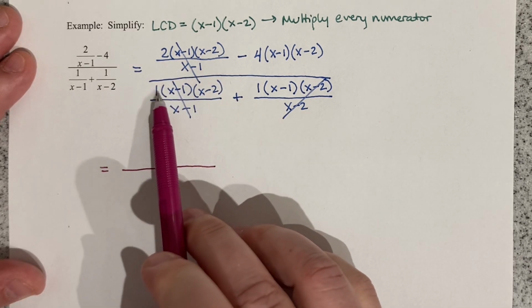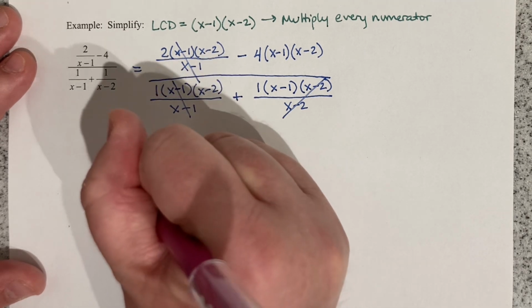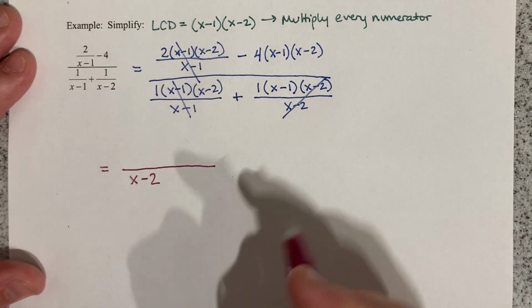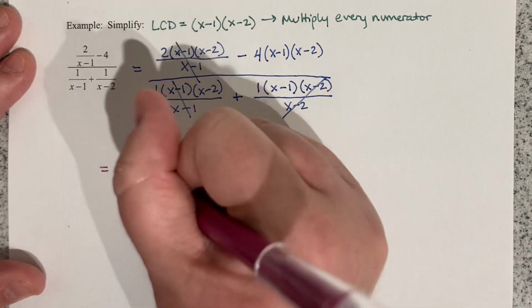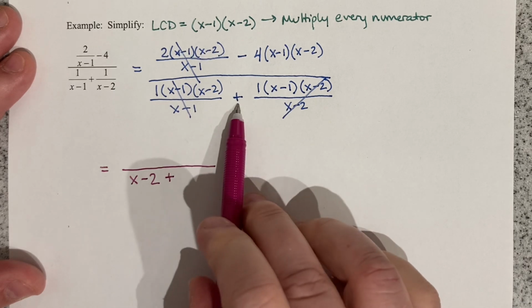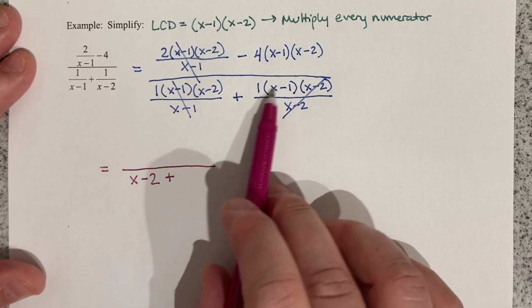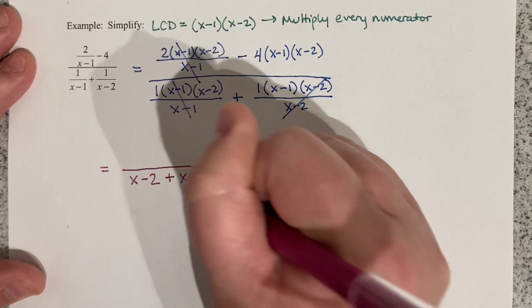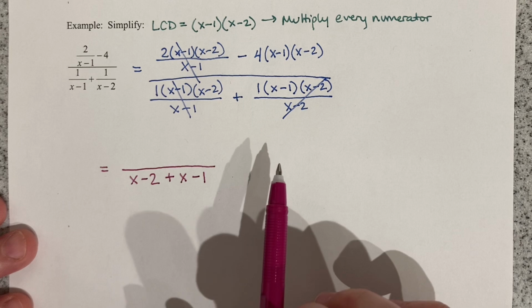Because it's easier in the denominator because I'm just multiplying by 1. 1 times x minus 2 is just x minus 2. 1 times x minus 1 is just x minus 1. And there's a plus sign in the middle. If this had been a minus sign, we would have had to distribute a -1. But with +1, it's not going to change it. It's just going to be x minus 1. No more fractions in the denominator. Good news.